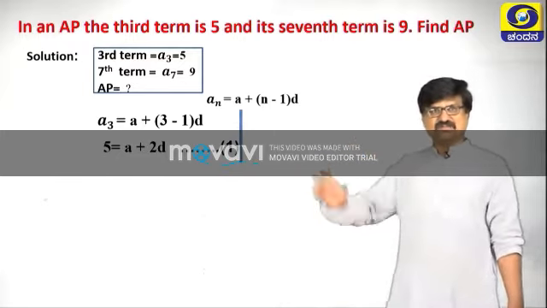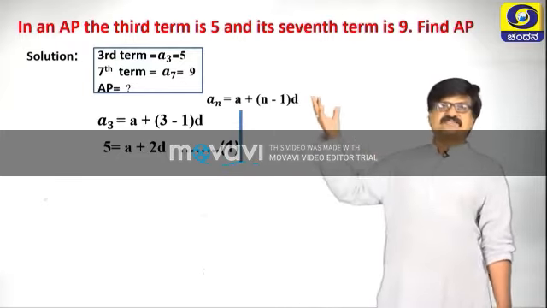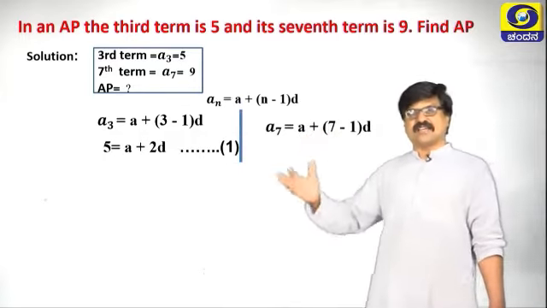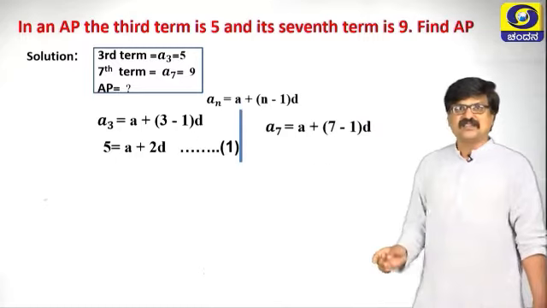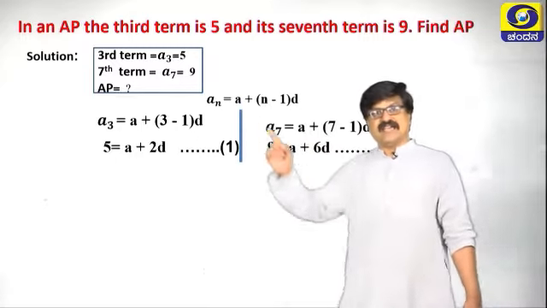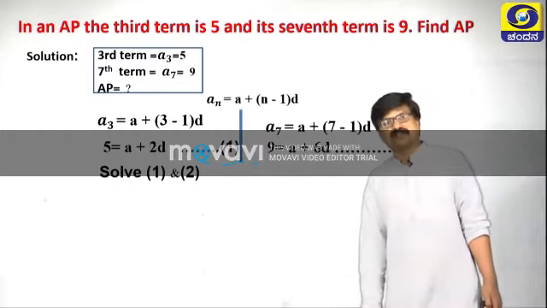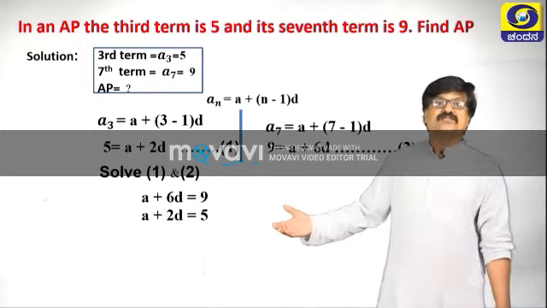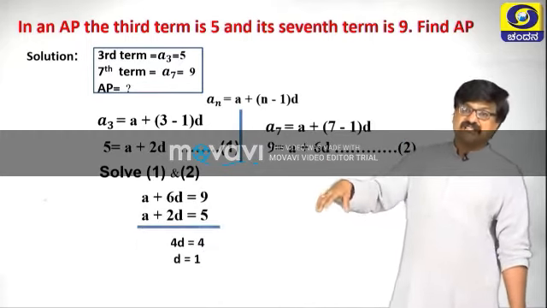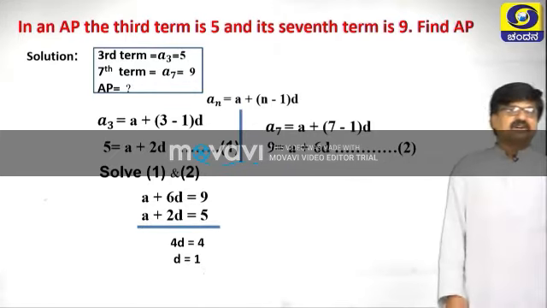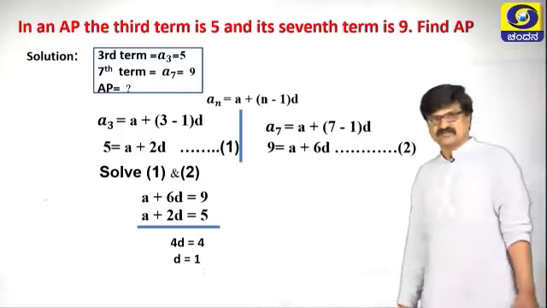Second one, probably you know very well. Substitute n as 7. We are getting a7 equals a plus n minus 1 into d. a7 is 9, 9 equals a plus 6d. Call this equation number 2. Solve 1 and 2 by using the elimination method. Therefore, we are getting the value of d as 1 here.